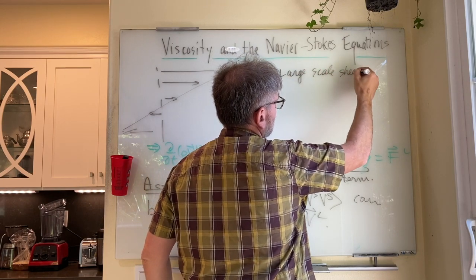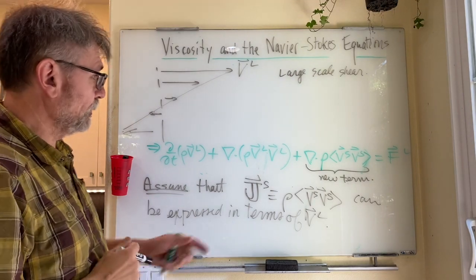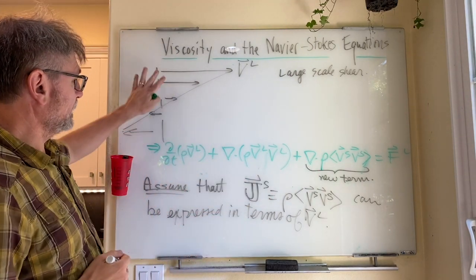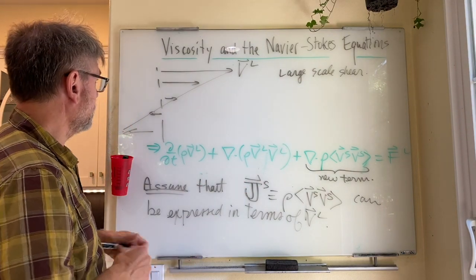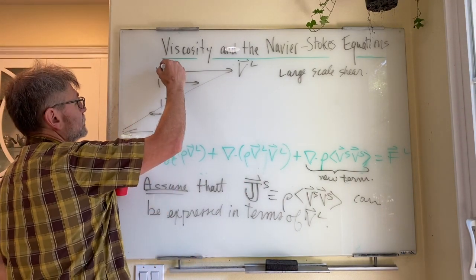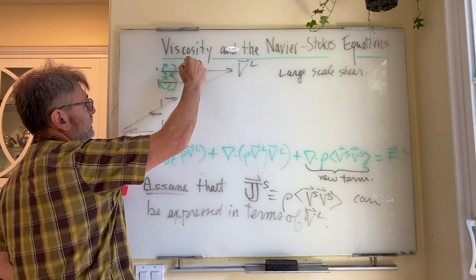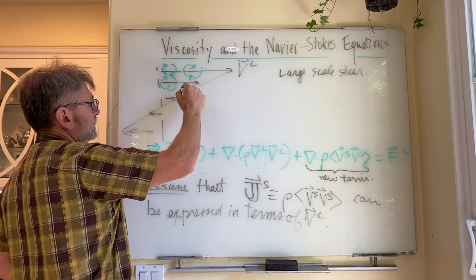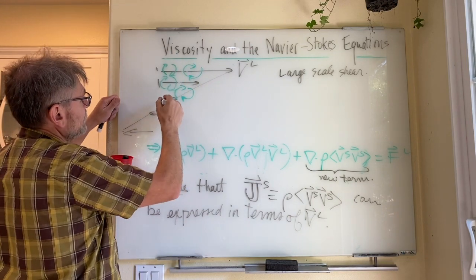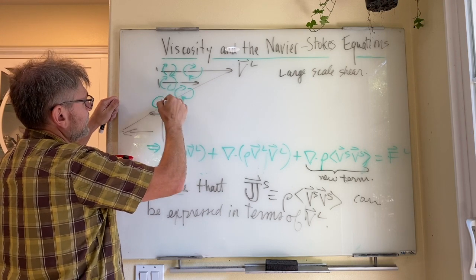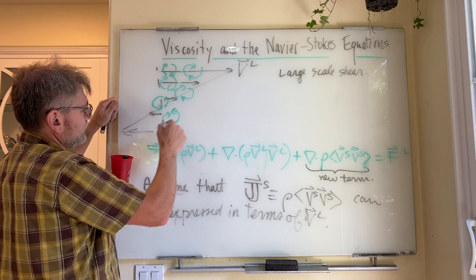And then we imagine that there's some small scale motions superimposed on this, right? Remember, the full flow is VL plus VS. And so these small scale eddies are swirling around. They average out to 0, maybe they go in different directions in different parts of the flow.